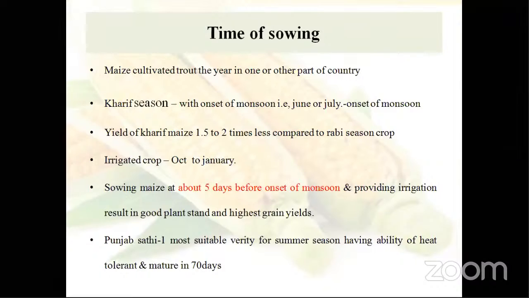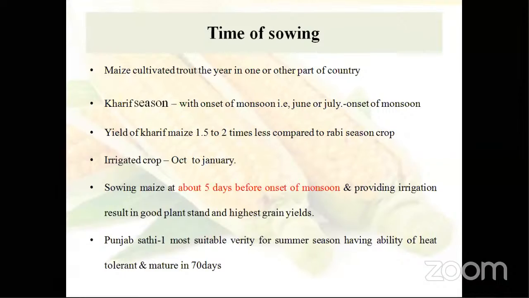Generally, not only maize, for most of the crops, the yield of Kharif season is less compared to Rabi season because Kharif season is mostly cloudy. In Kharif, all the months are cloudy, with low sunshine availability, low photoperiodic hours available for photosynthesis, and very few clear sky days.